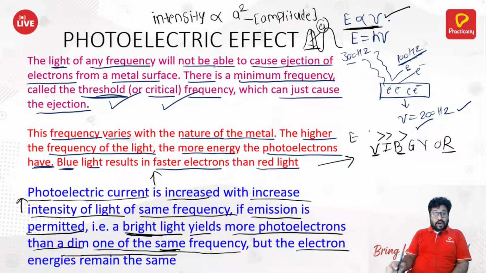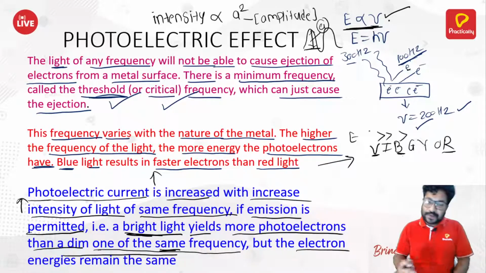But those fewer electrons and those more electrons would have the same amount of energy, because frequency was constant in both cases. Only their number will be different. You're getting my point? I hope this must have been pretty clear to you.